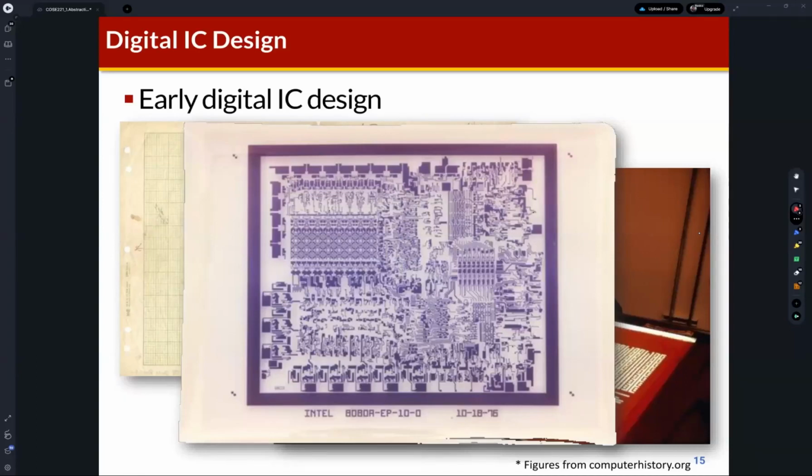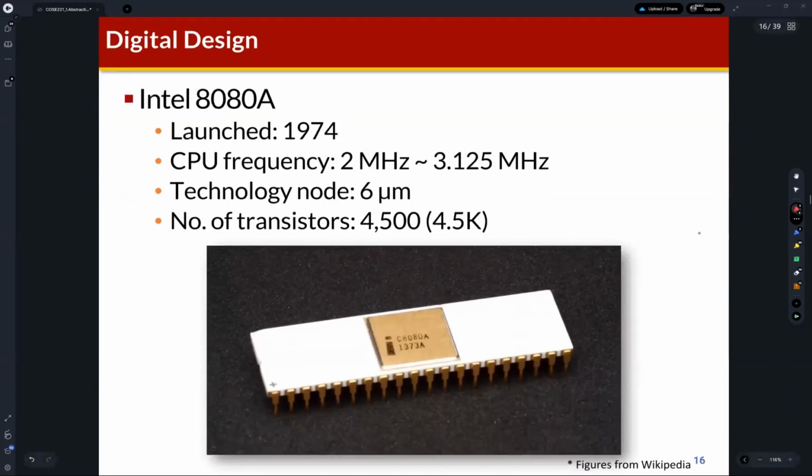So all this IC design was relatively simple compared to modern digital design. This is the first Intel 8080, launched in 1974, and the CPU frequency is 2 megahertz.